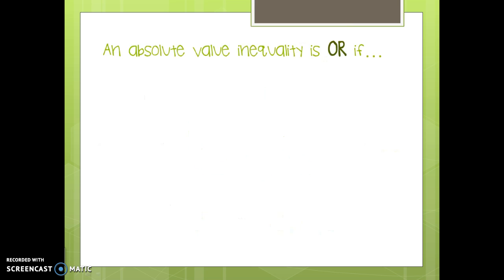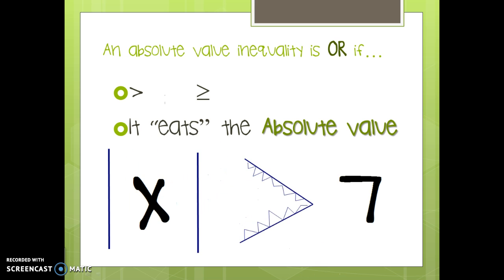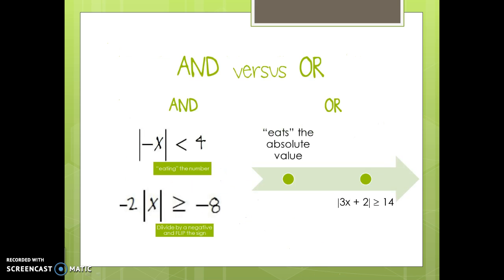So what about "or"? An absolute value inequality is "or" if the opposite happens, if the inequality symbols are facing this direction. You want to think about it as the symbol is eating the absolute value. Now, what happens when you encounter both of these?